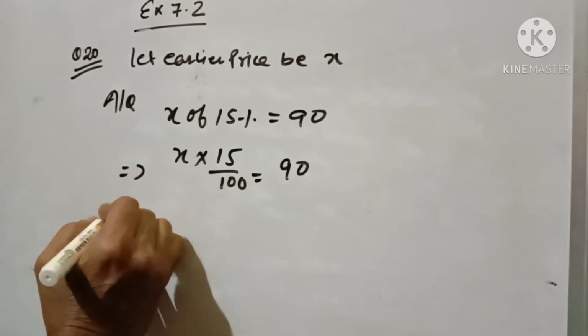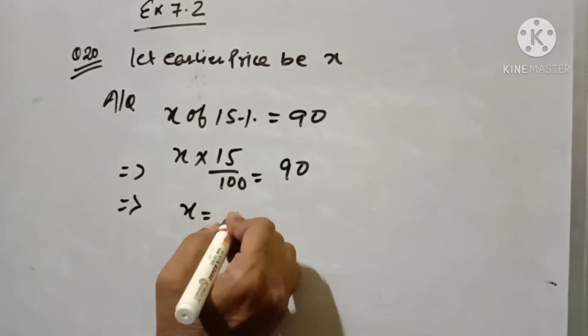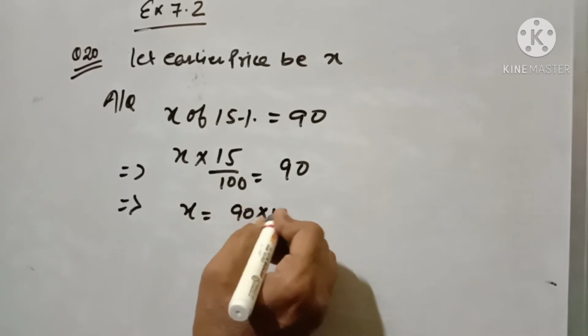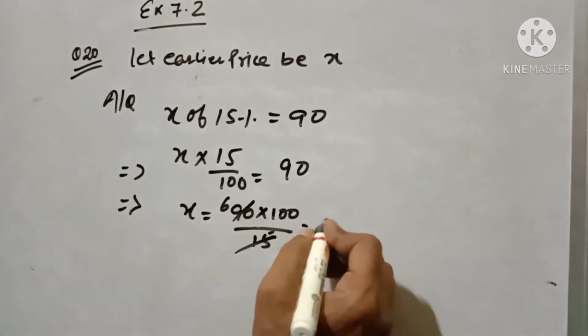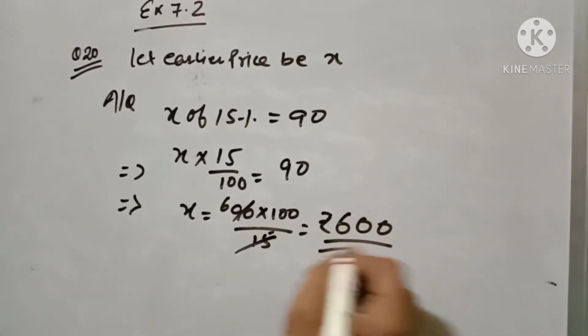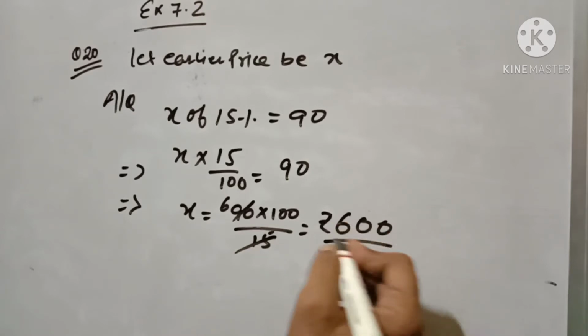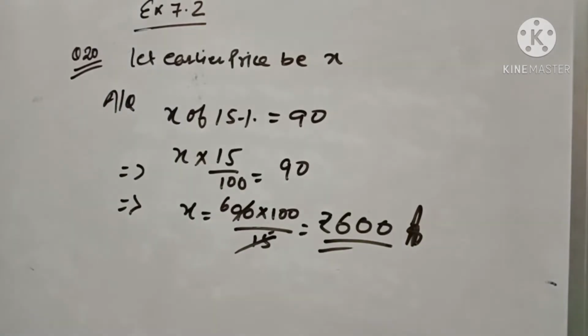So x equal to, I can write 90 into 100 by 15. This will go by 6 table, it will come rupees 600. Therefore the earlier price will be 600 rupees, because 15 6s are 90. Write down please.